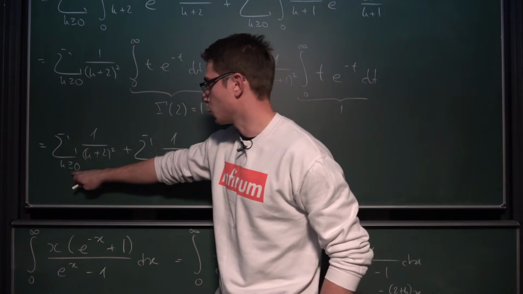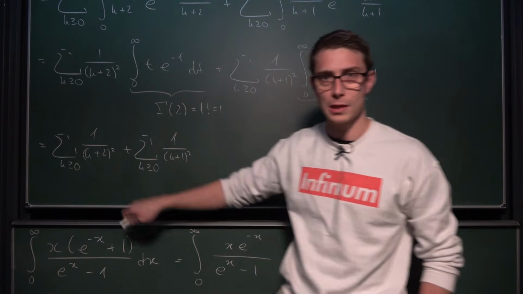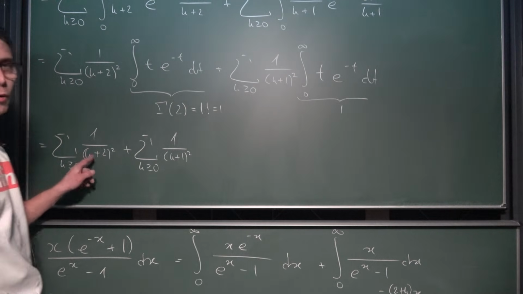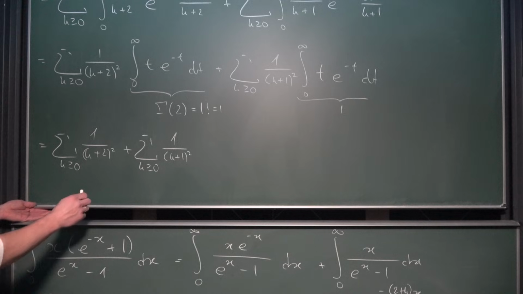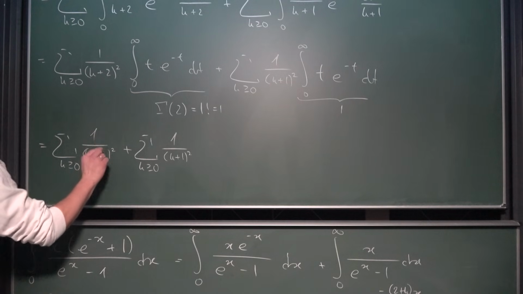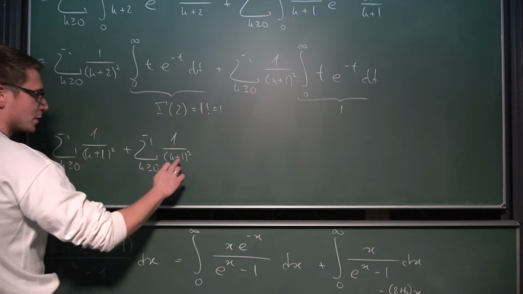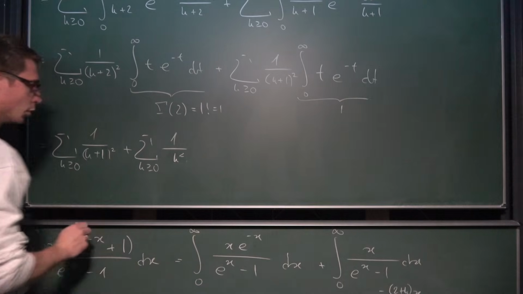If we let it start at 1, then this right here must go over k plus 1, obviously. Just think about it for a second. We are just going to substitute our k by a new k plus 1, you could say. Okay, so this right here is going to turn into k plus 1 overall. No, we substitute by k minus 1, I'm sorry. And this right here is going to turn into just k squared overall.